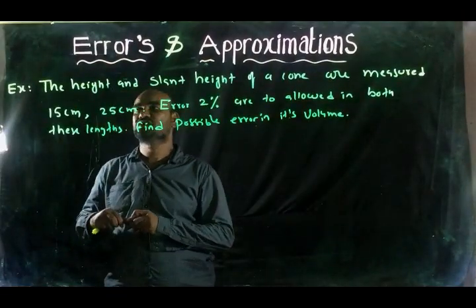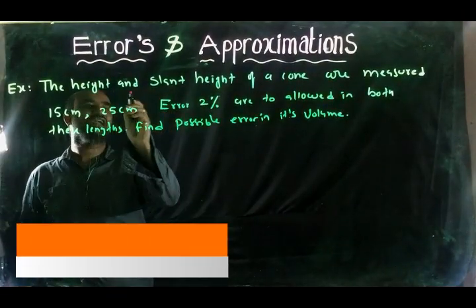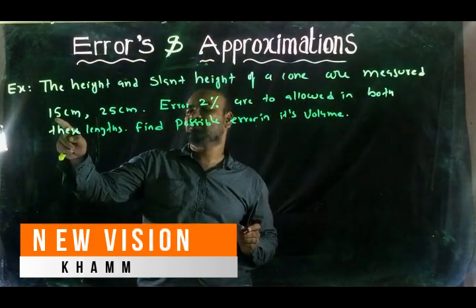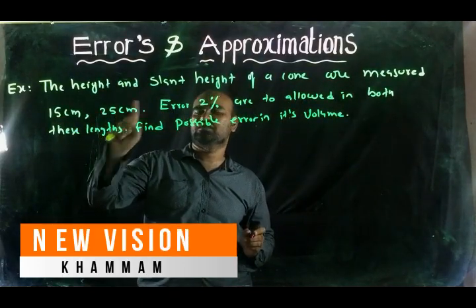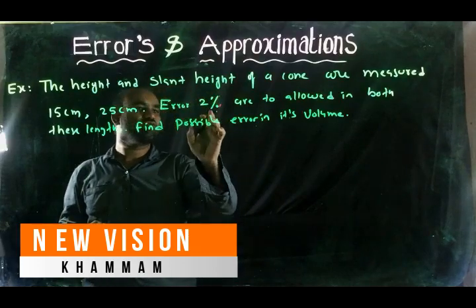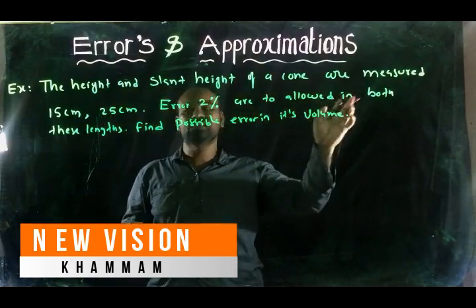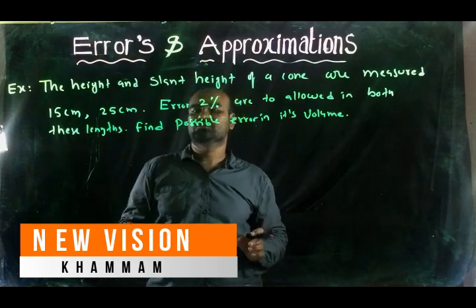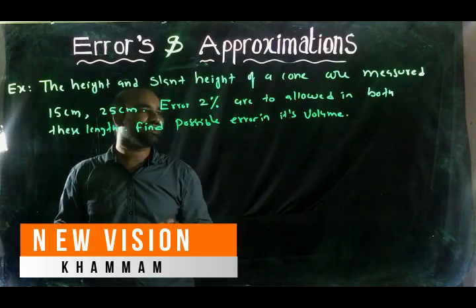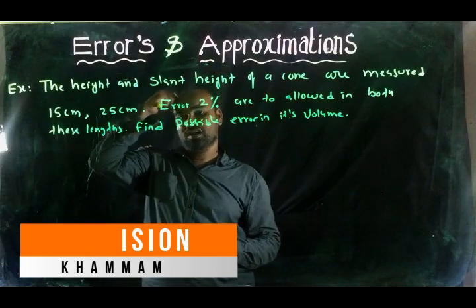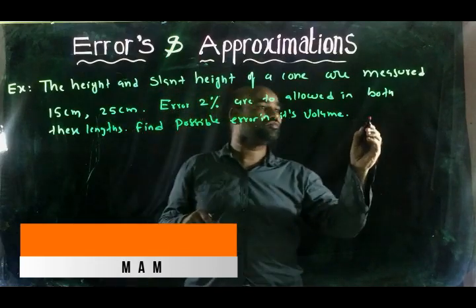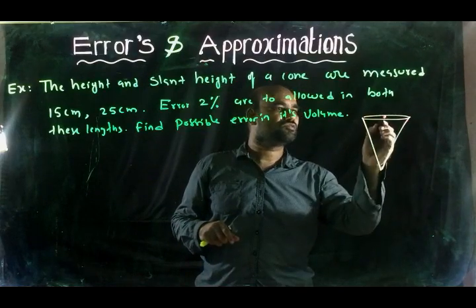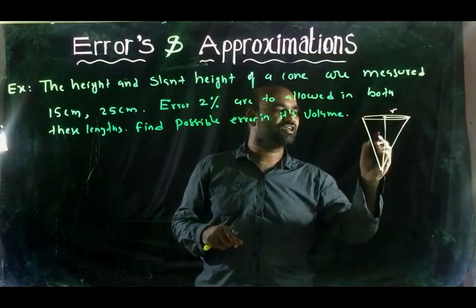Students, next example problem. The height and slant height of a cone are measured as 15 centimeters and 25 centimeters. An error of 2% is allowed in both the lengths. Find possible error in its volume. Means what happened here? Cone. This is radius. This is height.